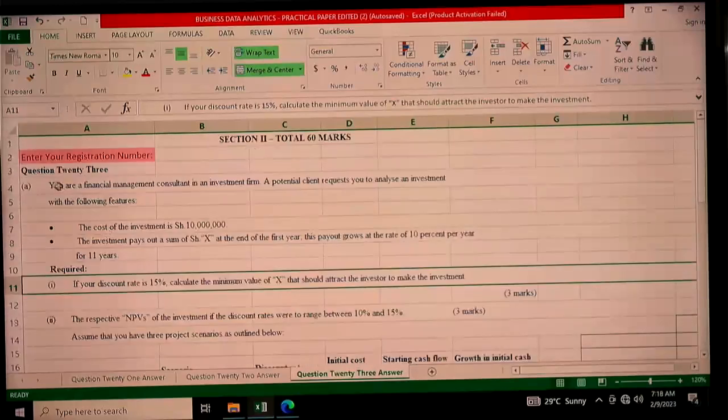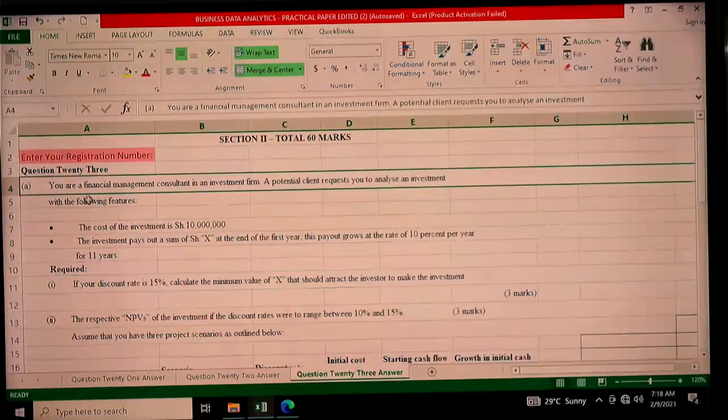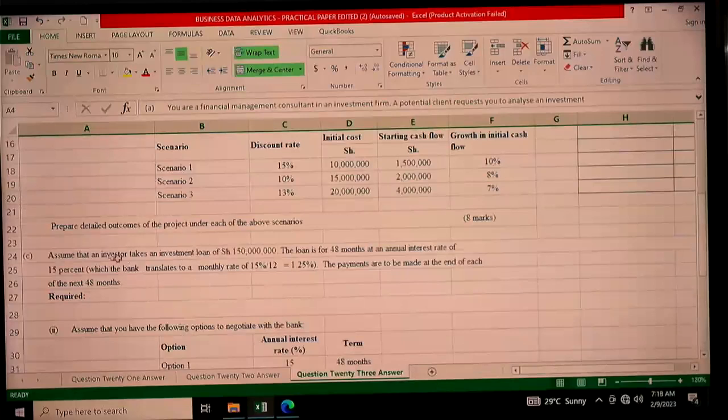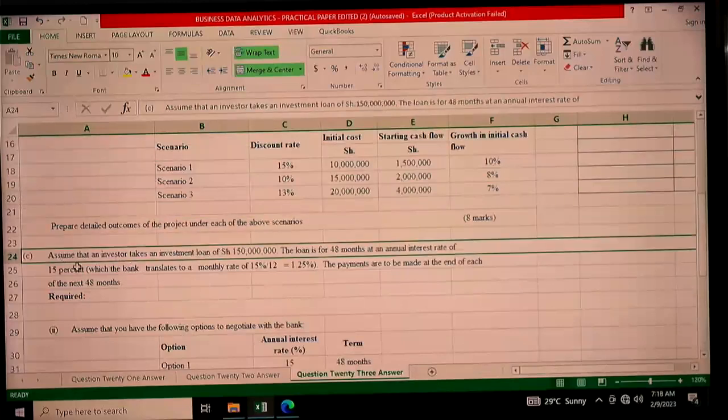So question A is not what you are solving, because we have not discussed that one yet. We are solving question C, because this is what we have been discussing. We are told here to assume that an investor takes an investment loan of 150 million.